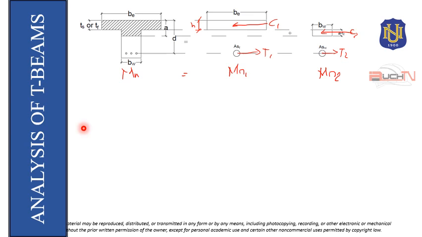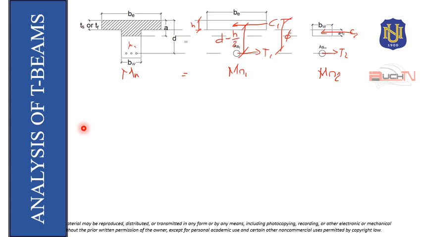The moment arm will be, since in our original diagram we have d, which is the effective depth, that is the distance from the extreme compression fiber to the centroid of the reinforcement, or the A_s. So, this one is d, from the end up to here, and C1 acts at the middle of h, so that means we will have a moment arm of d minus h over 2.